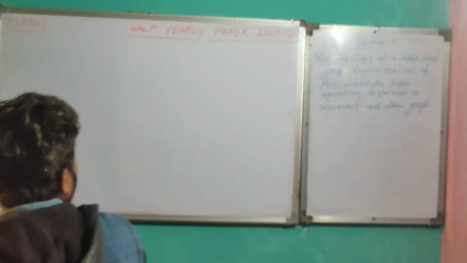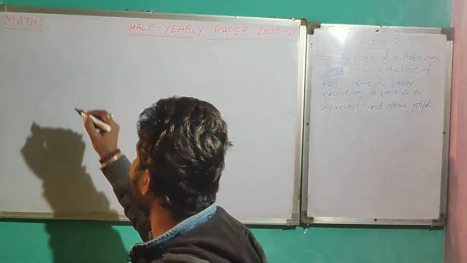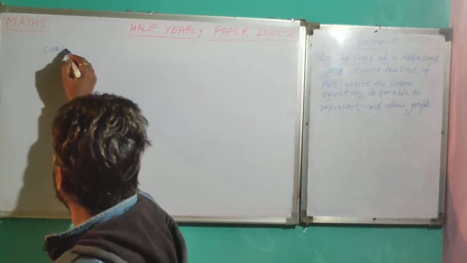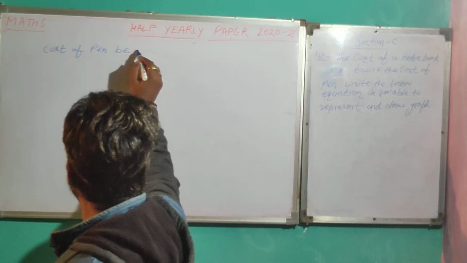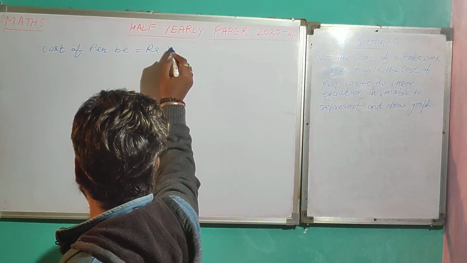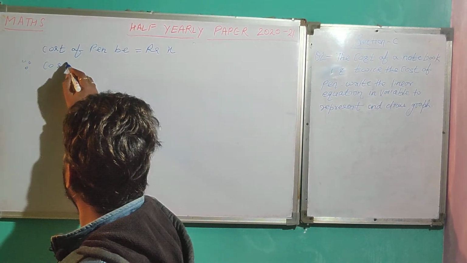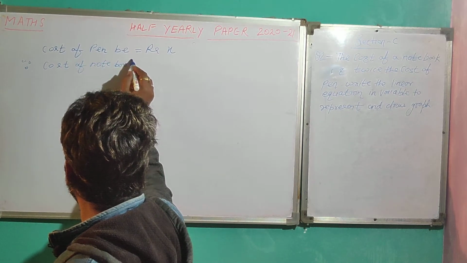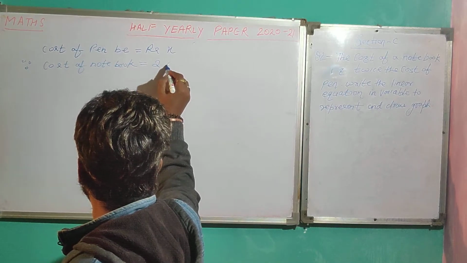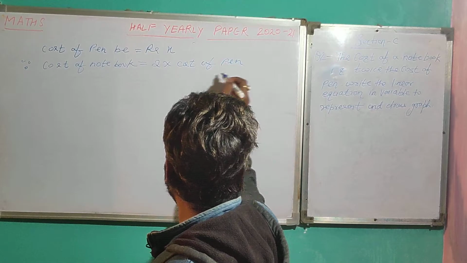So we have to find a linear equation for a question in which the cost of a notebook is twice the cost of a pen. Suppose the cost of a pen be rupees X. Therefore, the cost of a notebook is twice the cost of a pen.